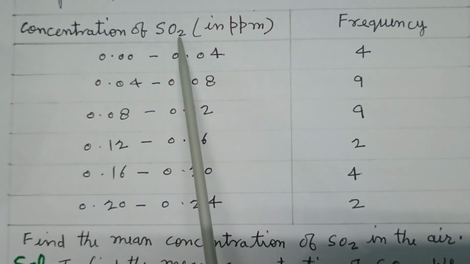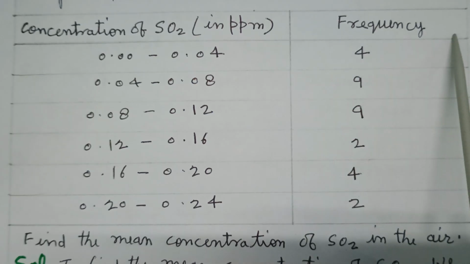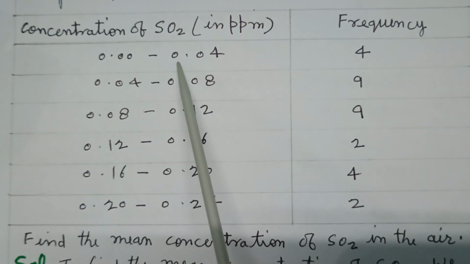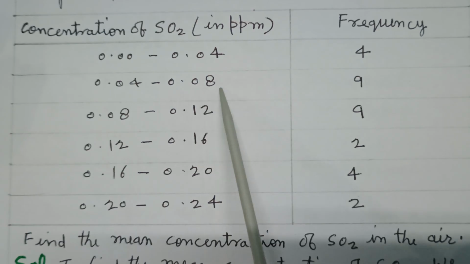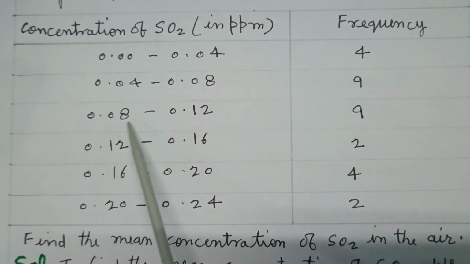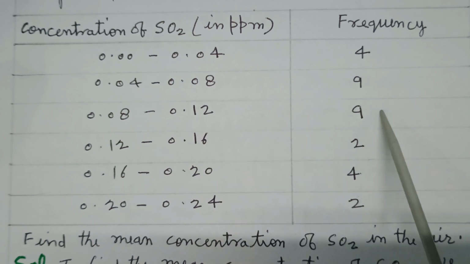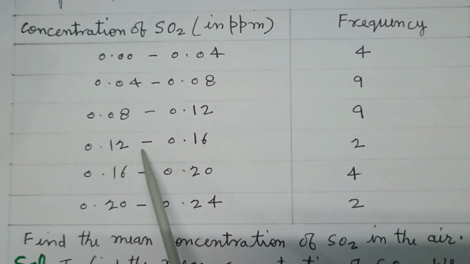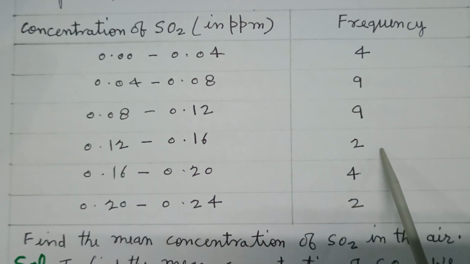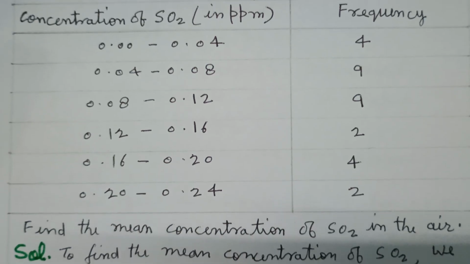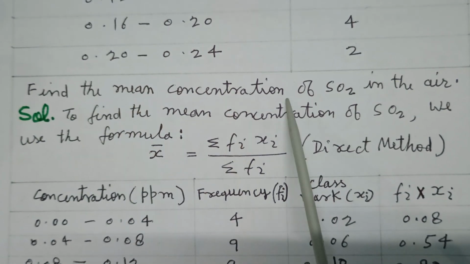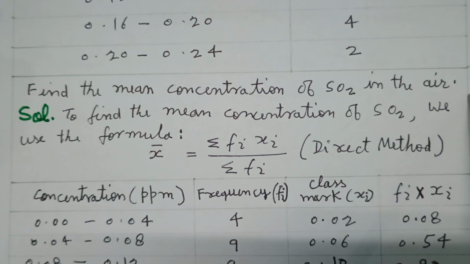Concentration of SO2 in ppm and frequency: 0.00 to 0.04 frequency 4, 0.04 to 0.08 frequency 9, 0.08 to 0.12 frequency 9, 0.12 to 0.16 frequency 2, 0.16 to 0.20 frequency 4, and 0.20 to 0.24 frequency 2. Find the mean concentration of SO2 in the air.